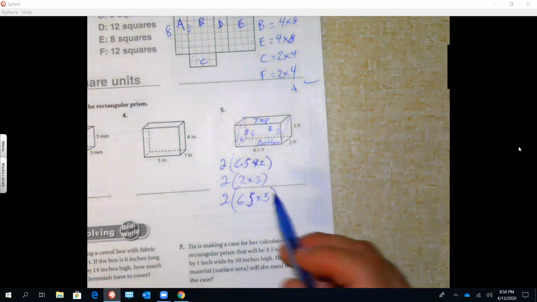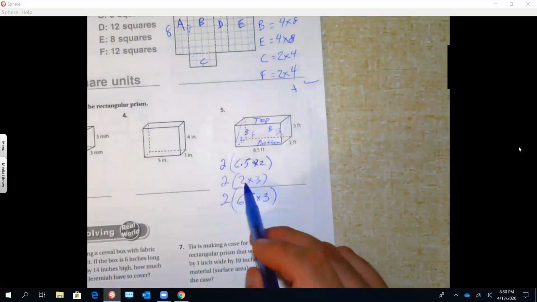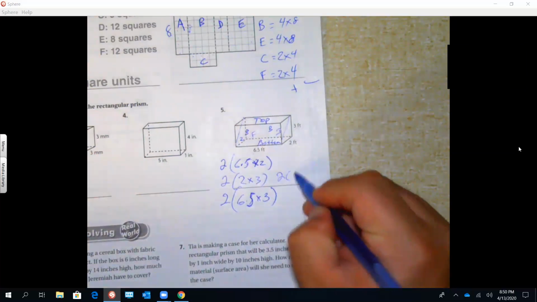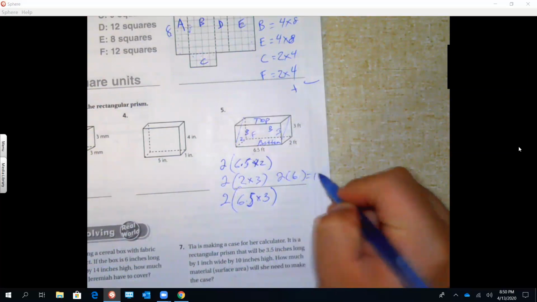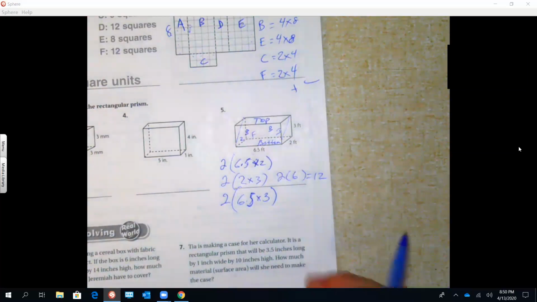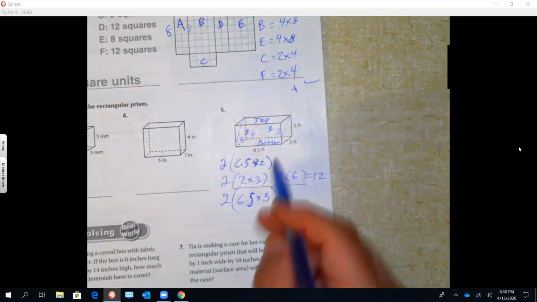So 3 times 2 is 6. So 2 times 6 equals 12. And what's 2 times 6.5? Take a second to work it out.